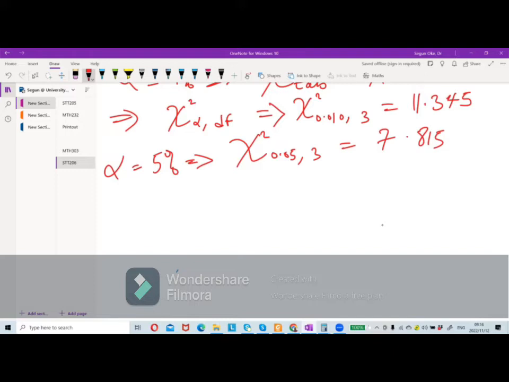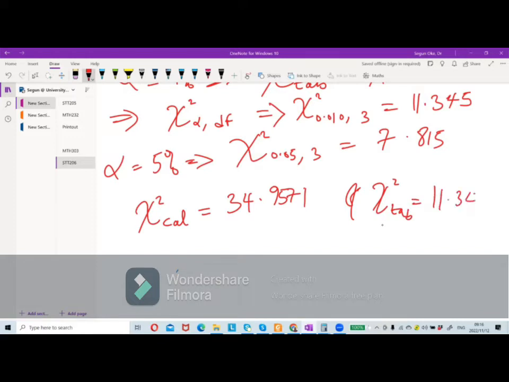In this case, we have our chi-square calculated to be 34.9571, and chi-squared tabulated is 11.345, or we can still have it to be 7.815. They can use any of the two.